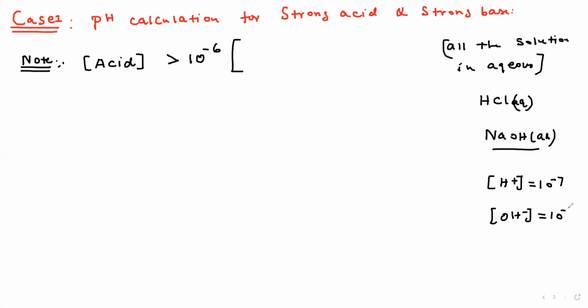This also contributes during the calculation of the pH value. If the acid concentration is 10 power minus 6, please note the contribution of H2O of H plus ion.